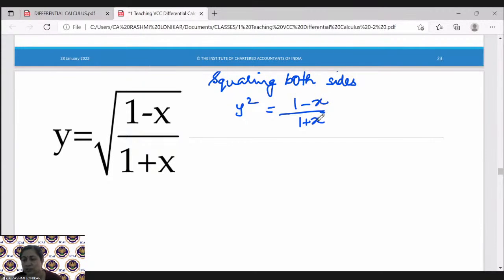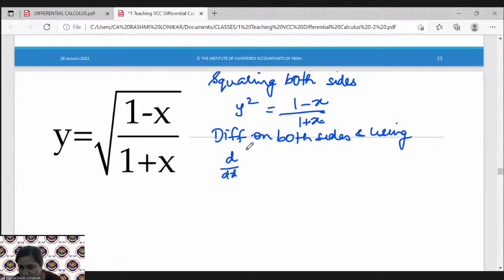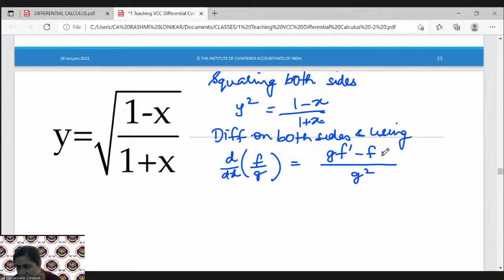Now as you can see, this is a first function divided by second function, so the division rule will apply over here. Differentiating on both sides and using d by dx of f upon g to be equal to second function into derivative of first function minus first function into derivative of second function, upon second function square. So what do I get here?